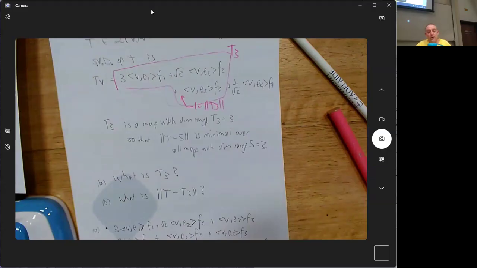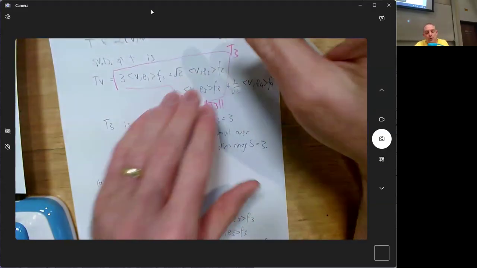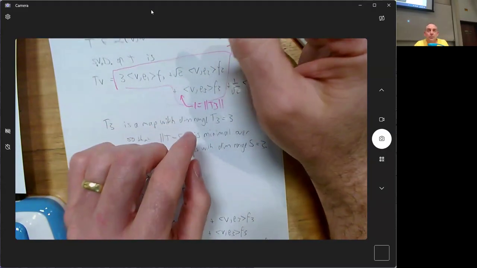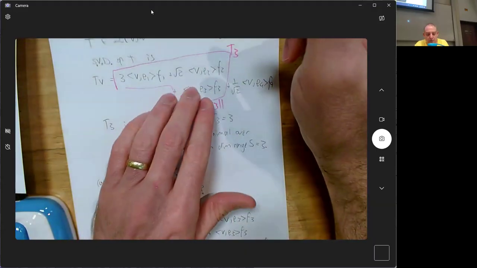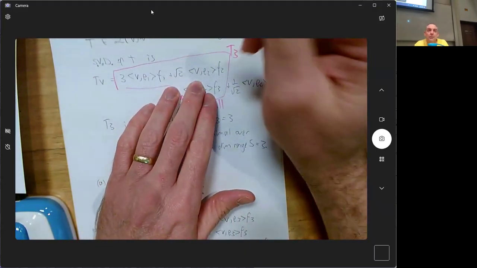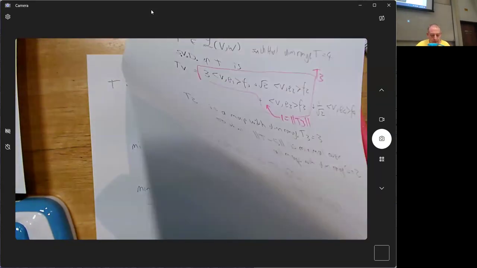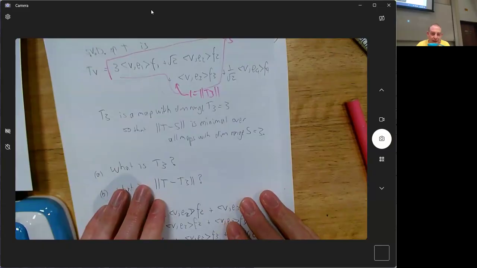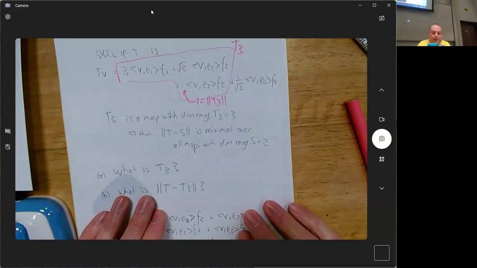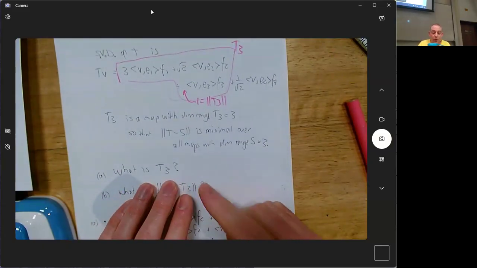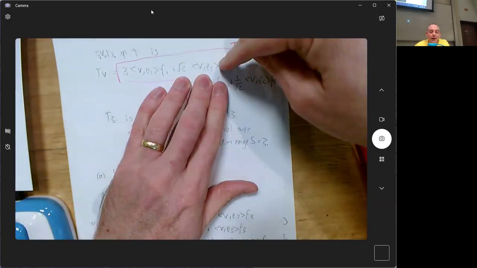And so if we wanted ones with range of dimension 2, the closest one to T with dimension 2 would be this one, and it has length root 2.